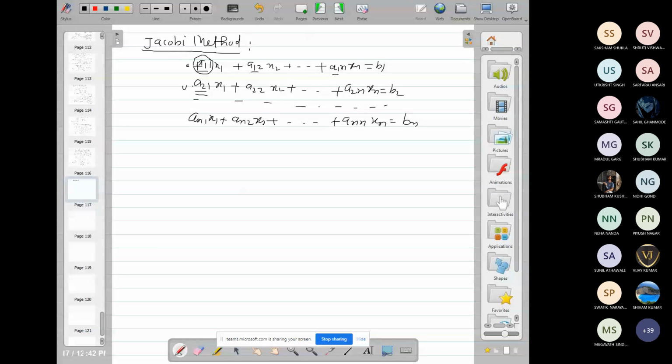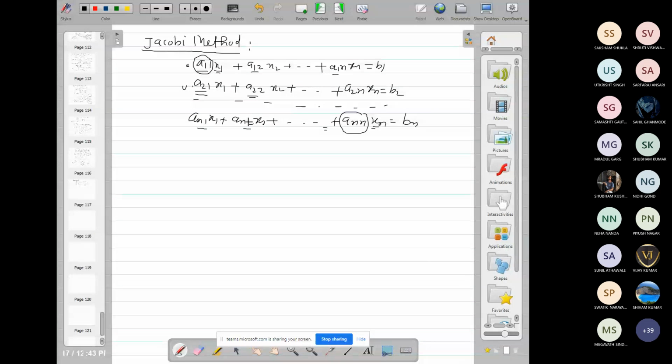such that the coefficient of x1 in the first equation is larger in magnitude than the coefficients of x2, x3, xn, and the coefficient of x2 in the second equation is larger in magnitude than the coefficients of x1, x3 and xn. In a similar way, in the nth equation, the coefficient of xn, that is ann, is larger in magnitude than the coefficients of x1, x2 up to xn minus 1.